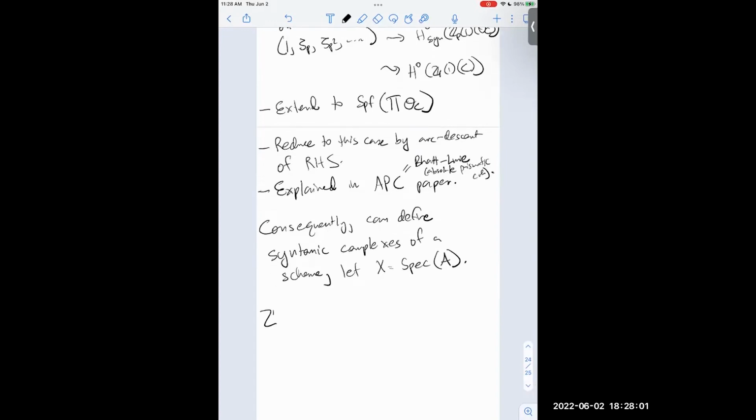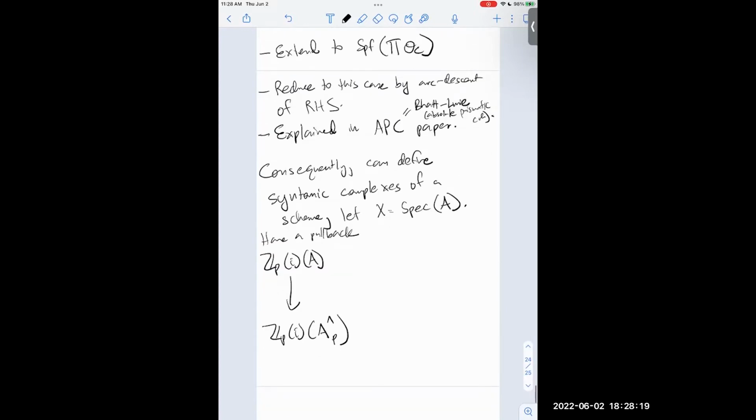Namely, the syntomic homology of A is going to fit into a pullback, where you have the syntomic Z_p(i) of A, where you have Z_p(i) of, well, technically I should say the derived p-completion of A.